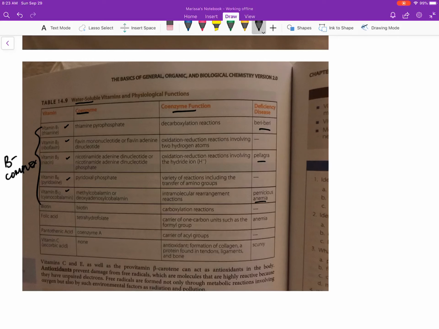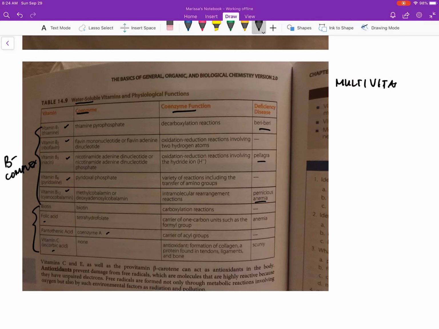Biotin, folic acid, pantothenic acid, which is coenzyme A, and then vitamin C, which is ascorbic acid. These are all examples.